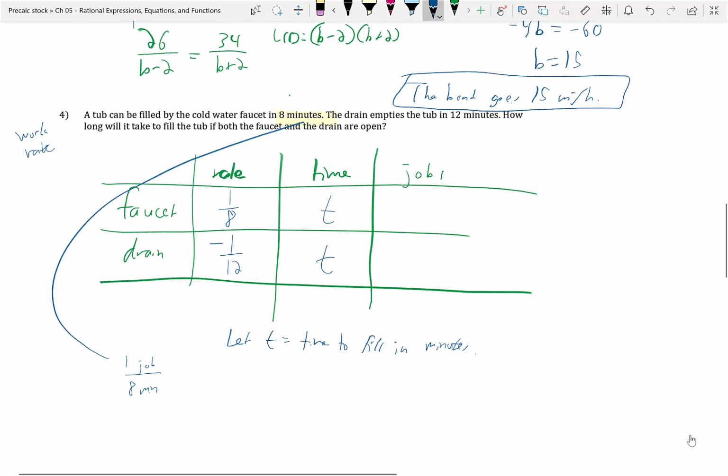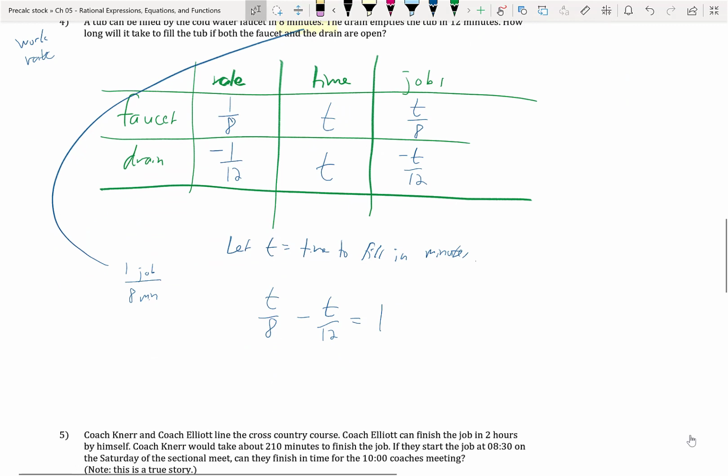And then jobs would be rate times time. So this faucet completes t over 8. The drain is negative t over 12. And the sum of those, t over 8 minus t over 12, should be 1 complete tub.